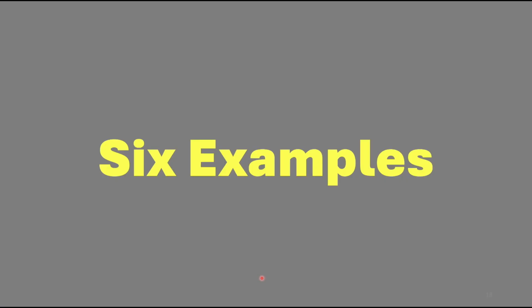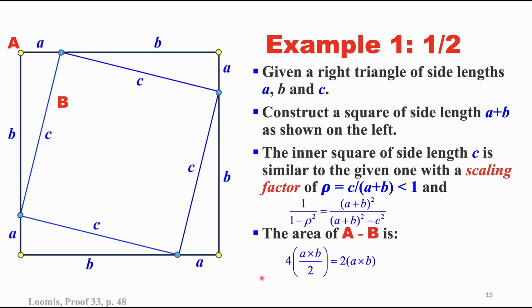Then we're going to apply this idea to prove some examples. These examples are taken from Loomis' book, as we discussed in our first episode. These proofs are quite simple. The given rectangle of side lengths are a, b, and c. We can construct a square of length a plus b.